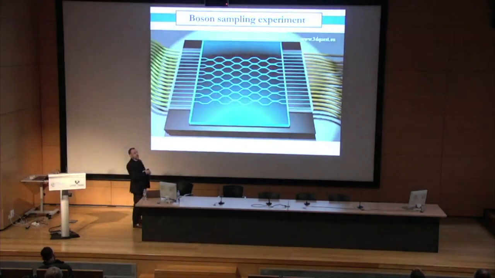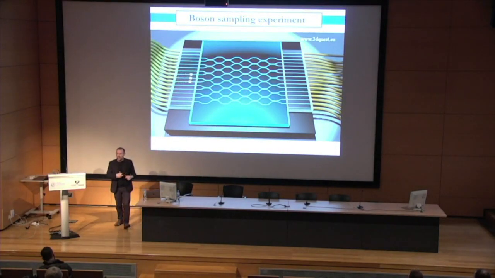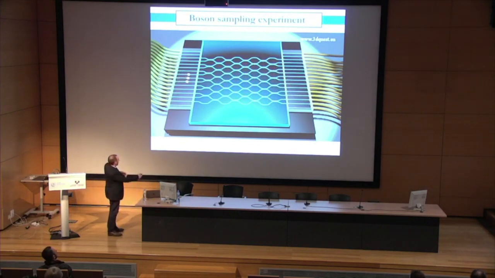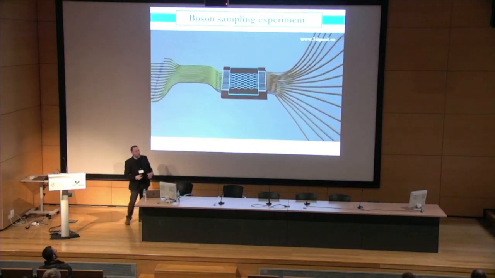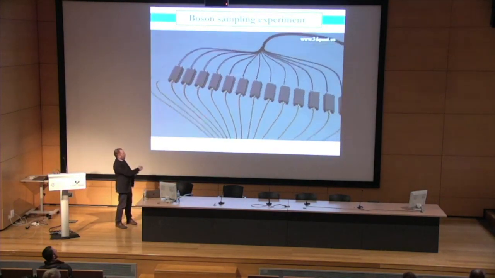In this representation, you will see a 13-mode device. Okay, you see the photon splitting, which is a way to convey the message of the quantum superposition. Don't take it seriously. Then you have on the output 13 output modes, which are connected with a 13-mode fiber array. You have then your single photon detectors.